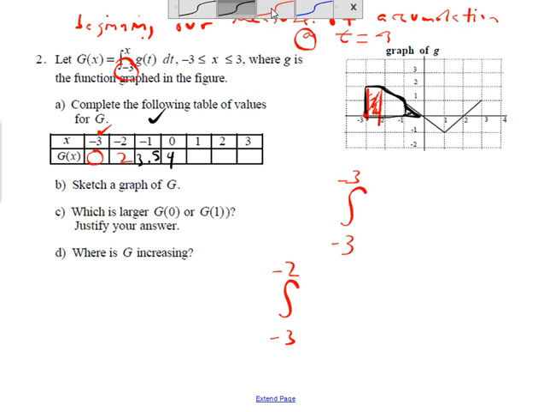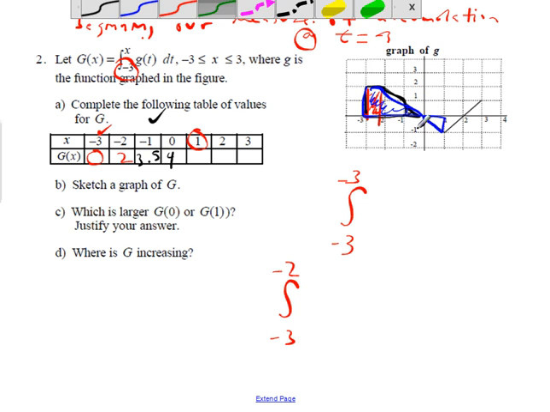And an important reminder, when x equals 1, now we're looking at this whole area, which was 4, plus this area here, and that area there, because it's below the x-axis, is negative area. So that's going to take away from my function.